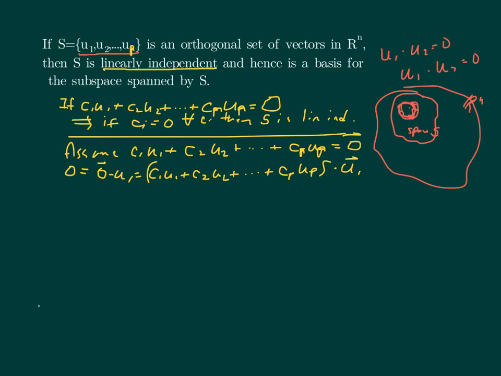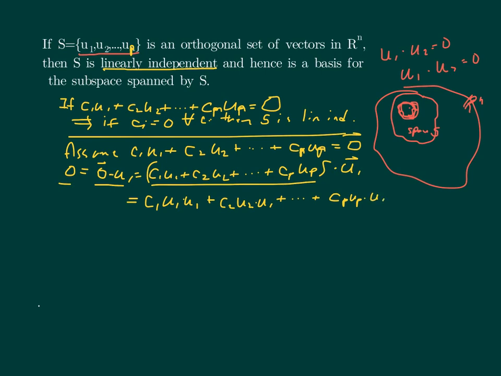So I'm just saying 0 is 0 dot u1, but this is our linear combination dotted with u1. We know that's equal to 0. Well, I'm going to distribute, and I've got c1 u1 dot u1 plus c2 u2 dot u1 plus cp u sub p dot u1.